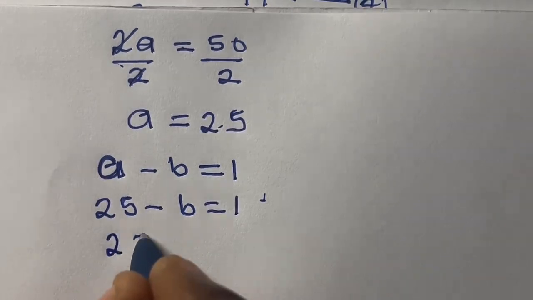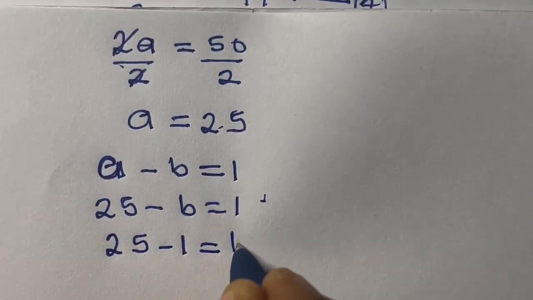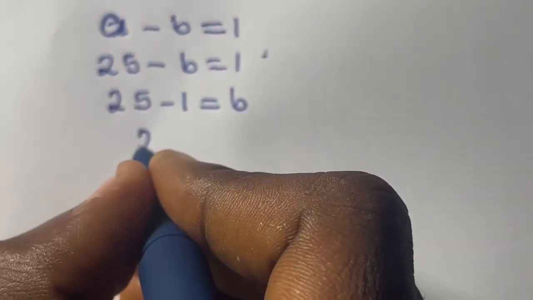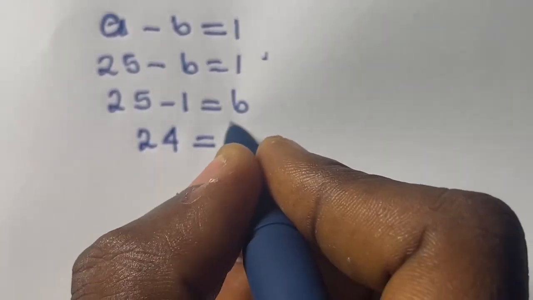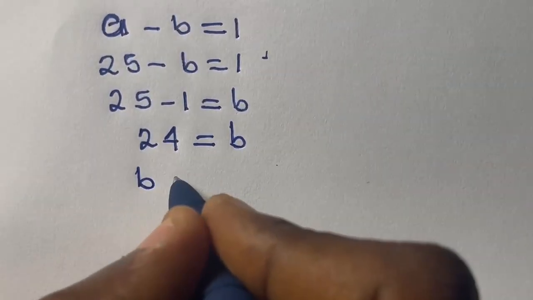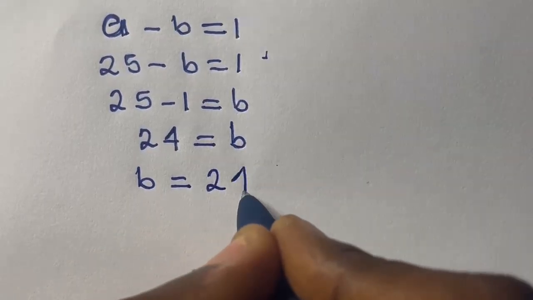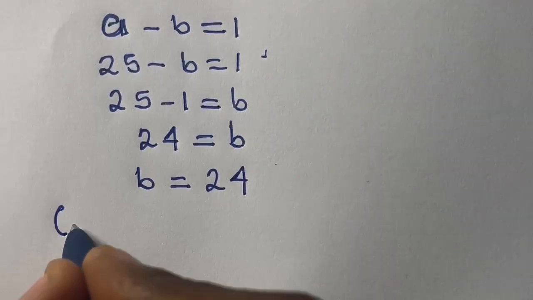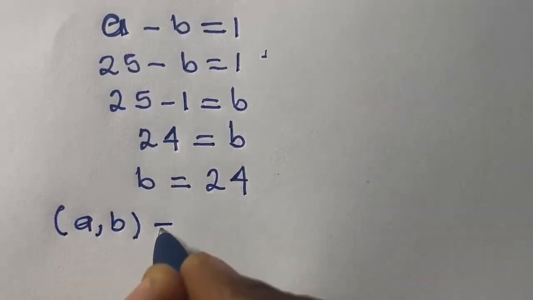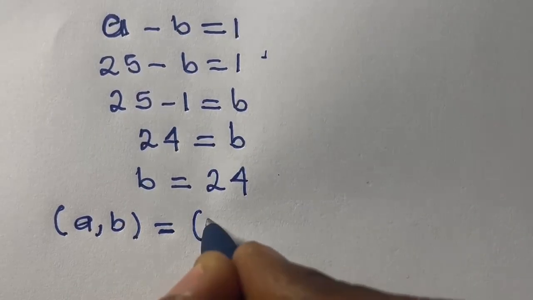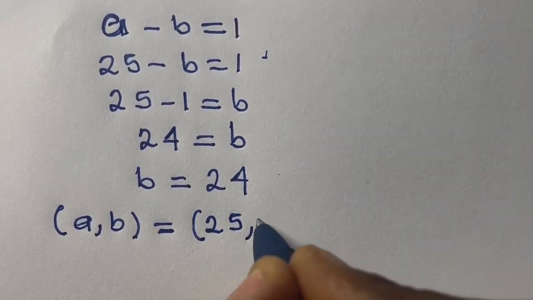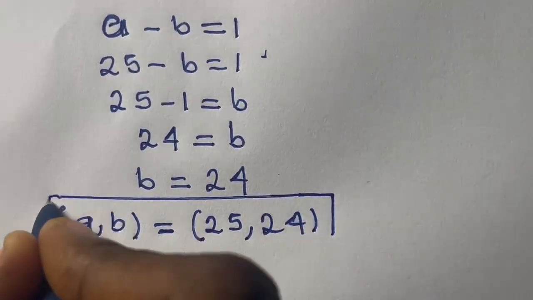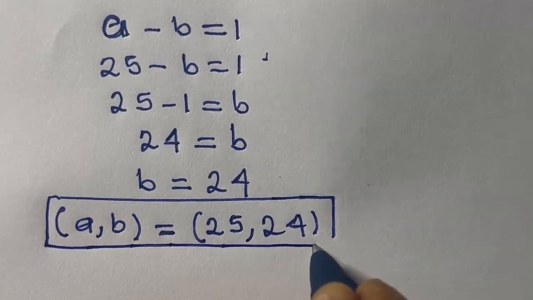So we have 25 minus 1 equals b. 25 minus 1 gives us 24, therefore b equals 24. So for this second case, a comma b equals 25 comma 24. This is the solution for the second case.